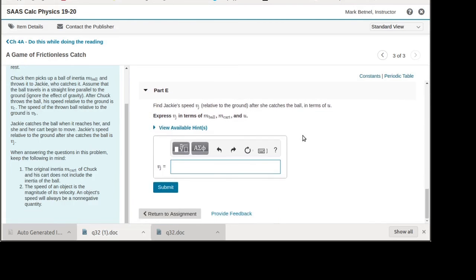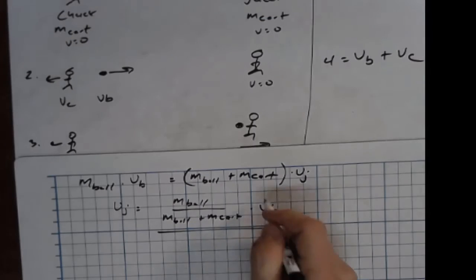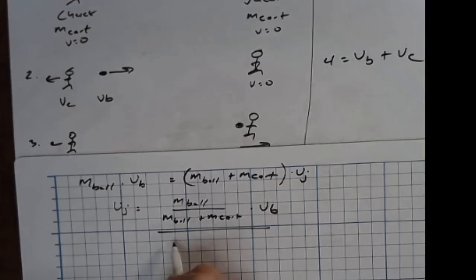All right, and then the last one, I want the Jackie speed relative to the ground in terms of u. Okay, well, I already figured out Jackie's speed in terms of v sub b relative to the ground. And I know from up here the relationship between u and v sub b. And I also know the expression I already worked out in one of the early parts for the velocity of the ball in terms of the velocity of the ground.